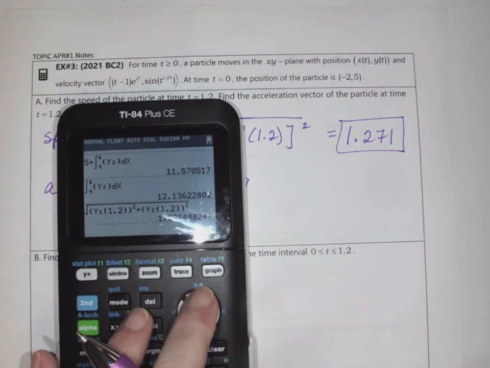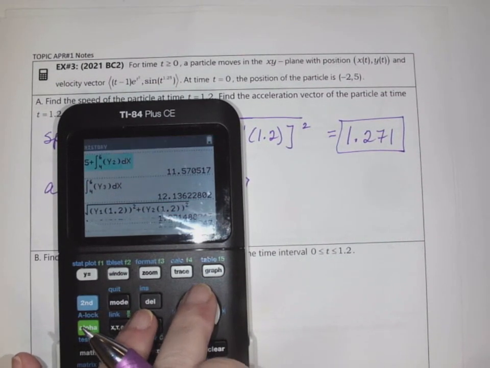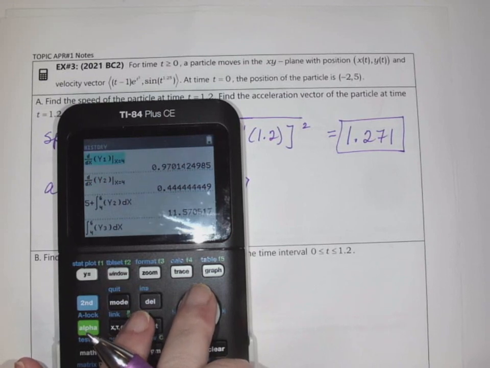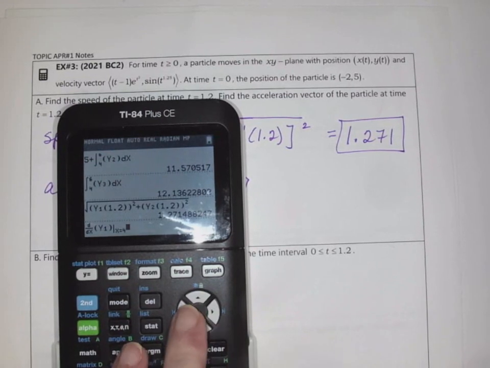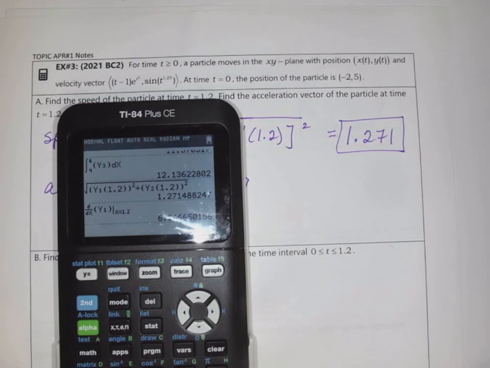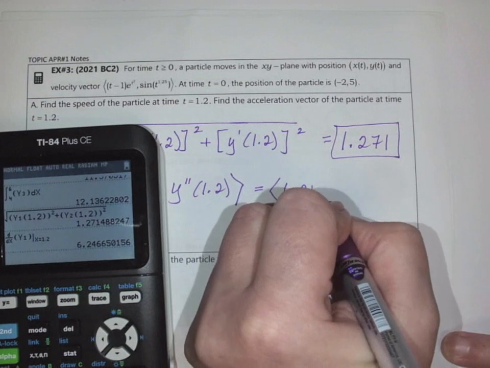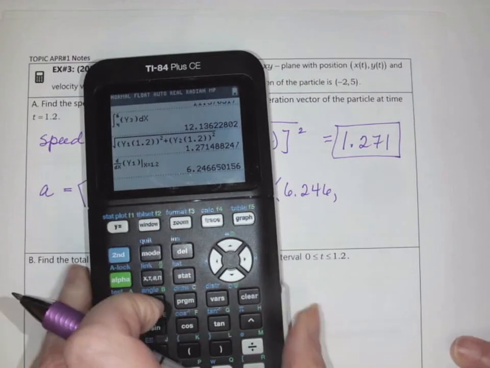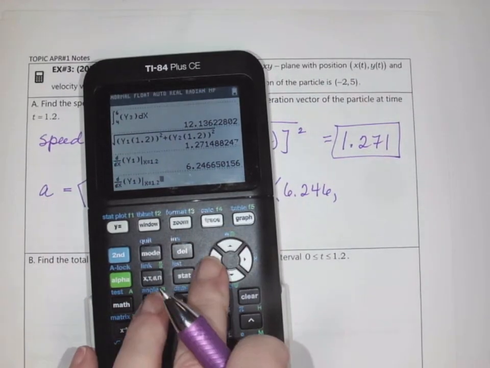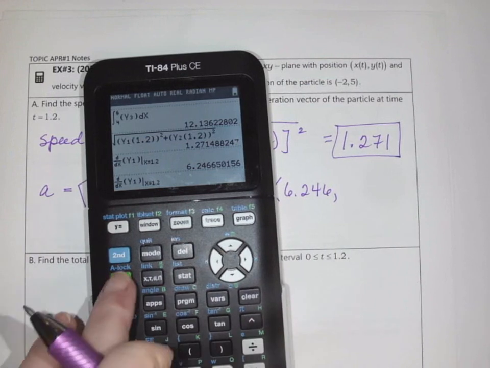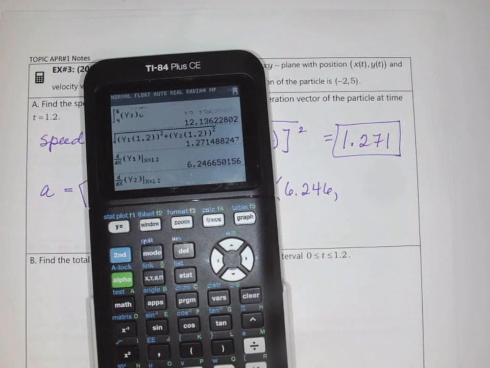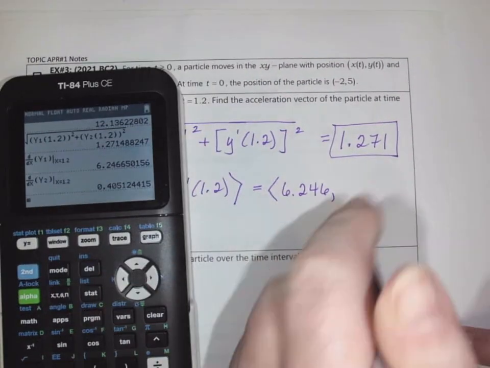So let's see, I wonder if I did this up here. I know I did. Yeah. I'm going to do that, but I'm going to change it to 1.2. So 6.246. And then I'm just going to change this to a y2.405.